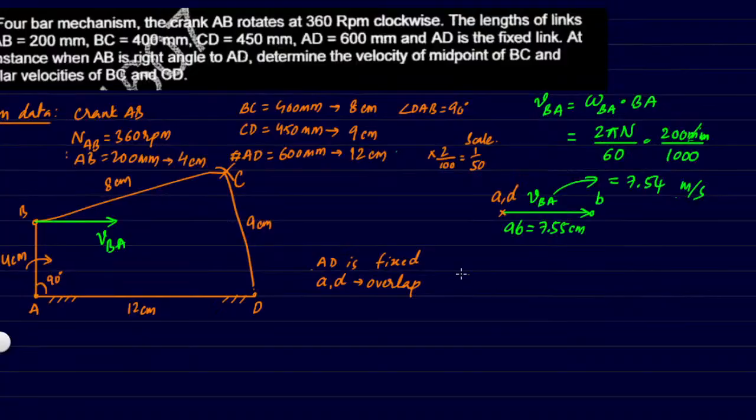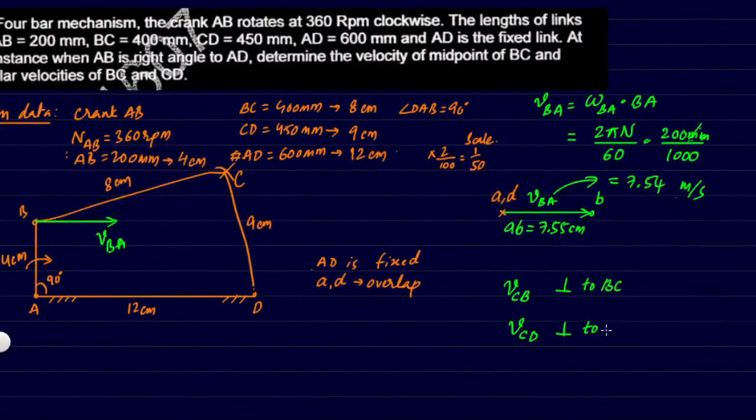Next, we need to find the velocity of C with respect to B. This will be perpendicular to BC.